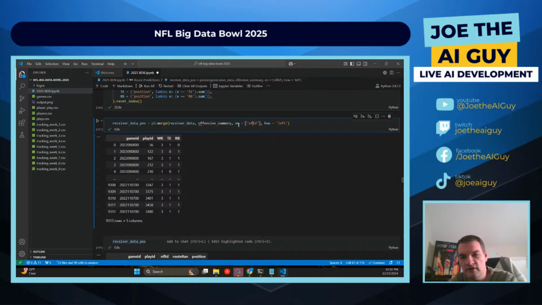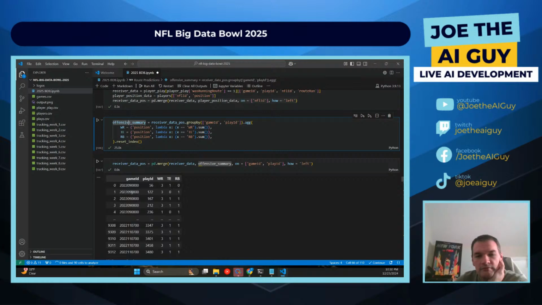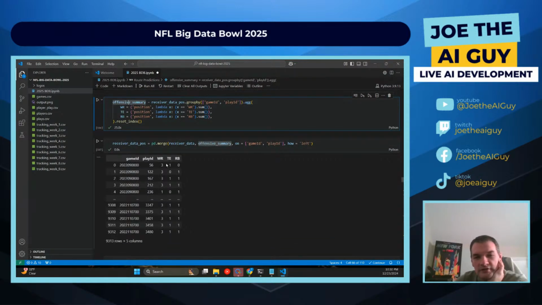And instead of NFL ID, this is the game ID and the play ID. So we know offensive summary here. We saw this is what this table set looks like. This will then let me know how many receivers, tight ends, and running backs are on a given play.